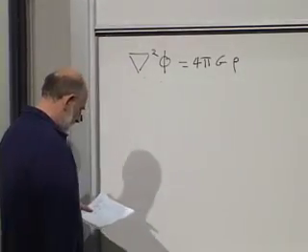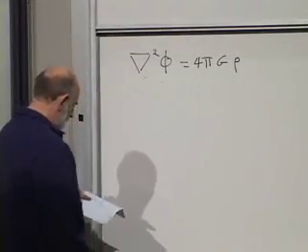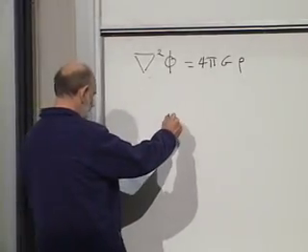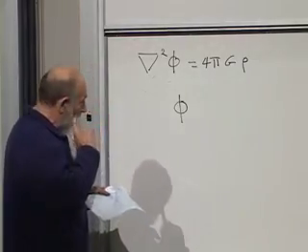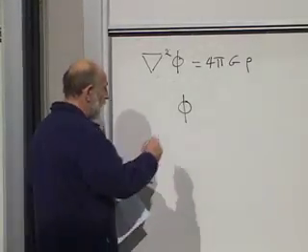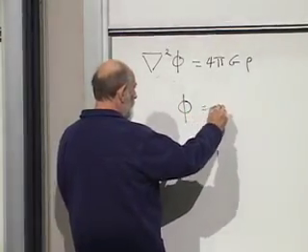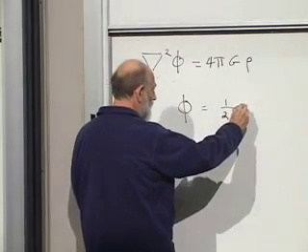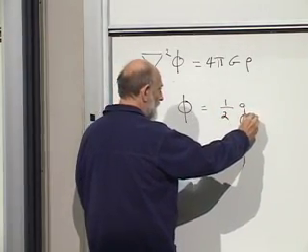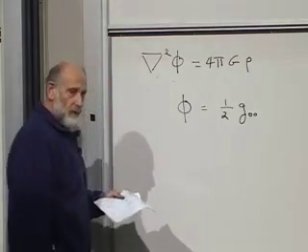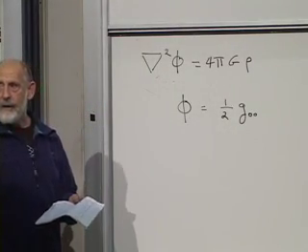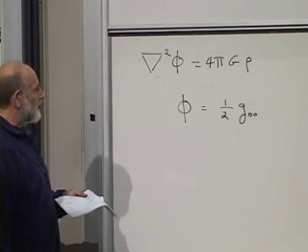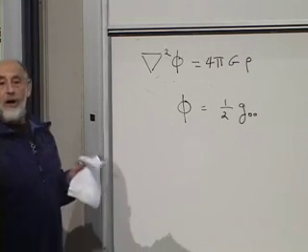We found that the gravitational potential was like one half of g naught naught. Now that's not correct. What did we actually find? g naught naught is 2 phi, plus a constant.